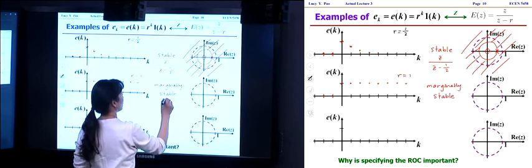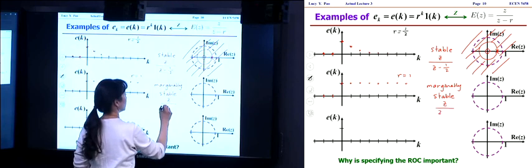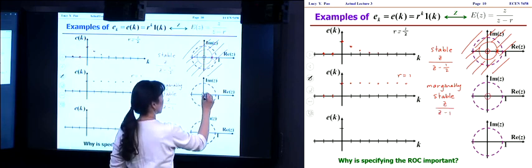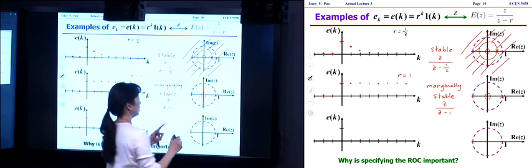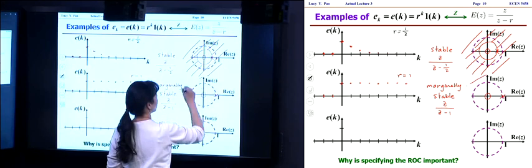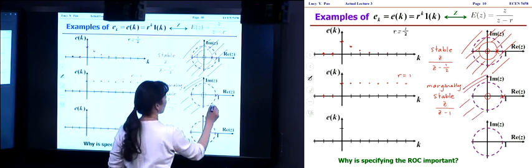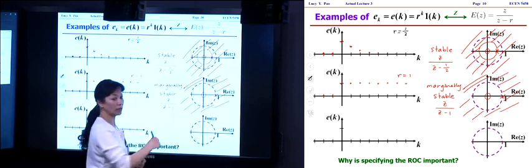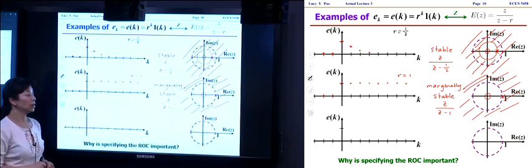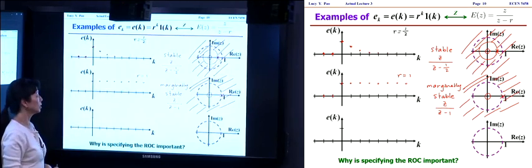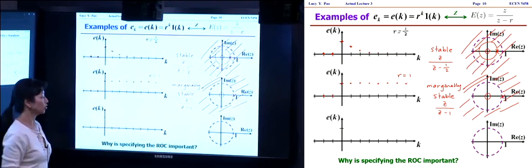Now we have Z over Z minus 1. There's still a zero at the origin, and the pole is at z equal to 1, right on the unit circle. The region of convergence is now everywhere outside the unit circle. The unit circle is on the boundary of that region, so not inside the region of convergence.